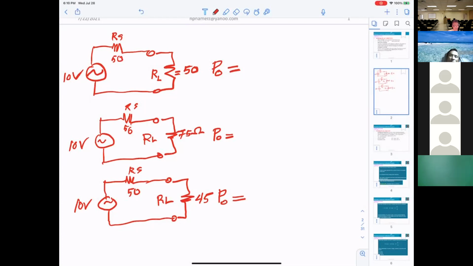You know the formula to calculate the power: V times I. So you need to get the current, then you can calculate V times I. Do that calculation and tell me what the output is supposed to be. 2 amps. First one, what do you get?